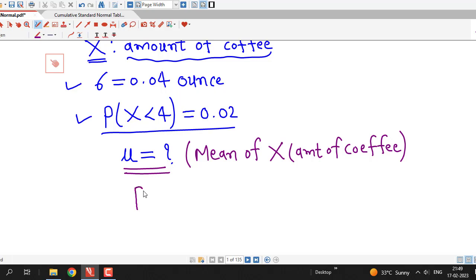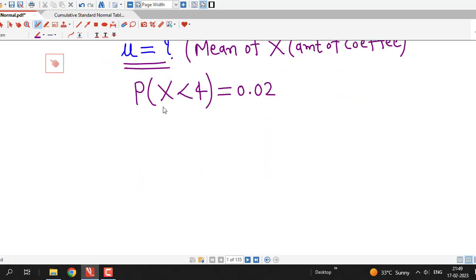First we start with this step. What is given? It is given that the probability that the amount of coffee is less than 4 ounces is 2%, that is 0.02. And if we standardize this capital X and this 4, then we have to subtract mu from X as well as 4, and we have to divide by the standard deviation.